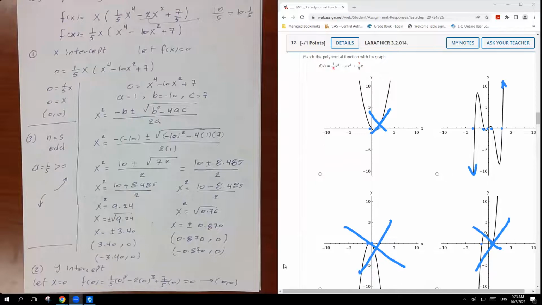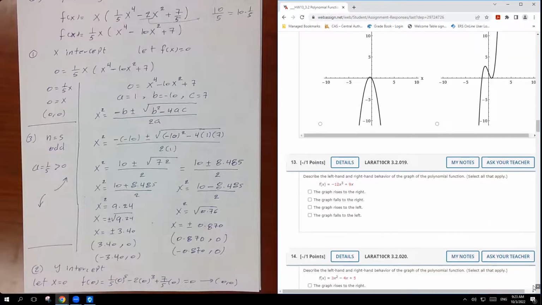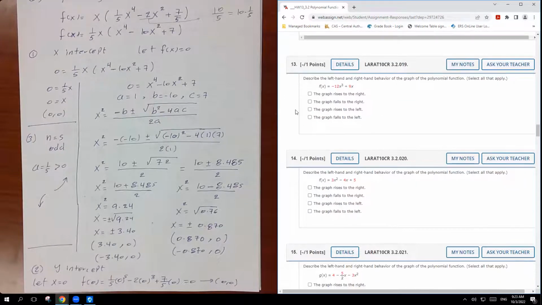Next example is going to be example 13. Describe the left-hand and the right-hand behavior of this graph. So we're just going to say n equals 3, which is odd.